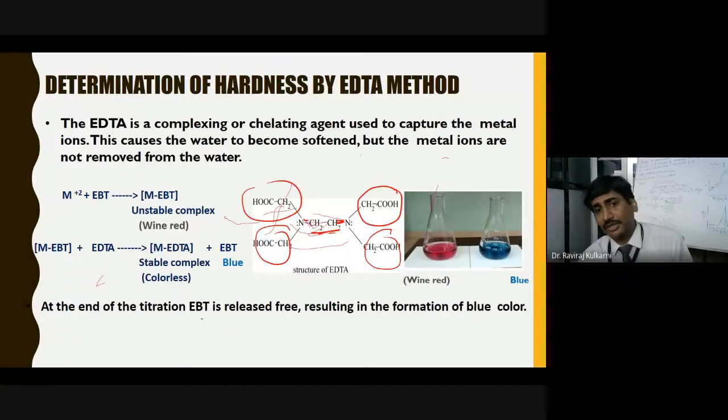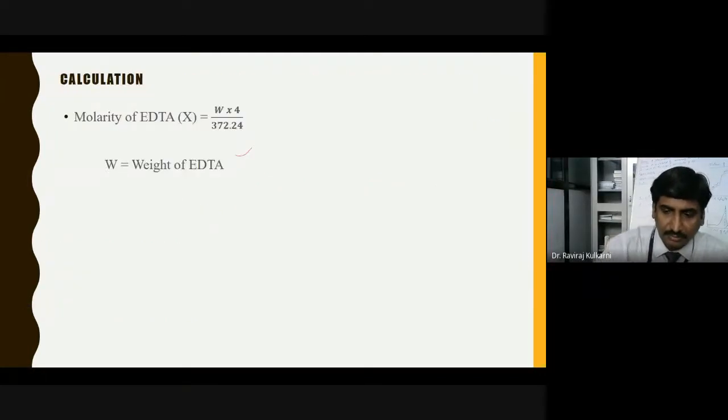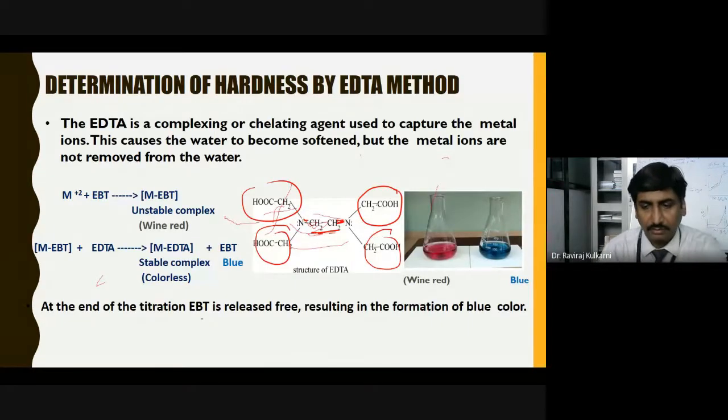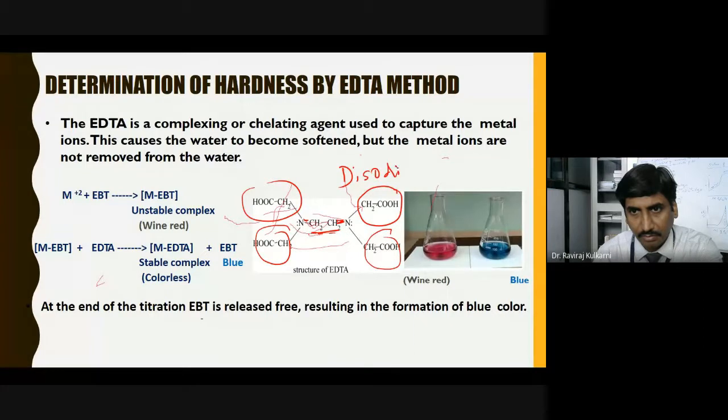But we are not using EDTA itself. We use the disodium salt of EDTA. See here, this H is replaced by Na, another H is replaced by Na.